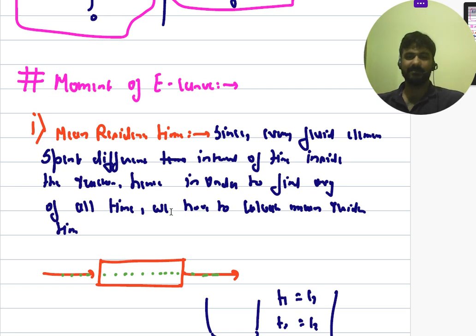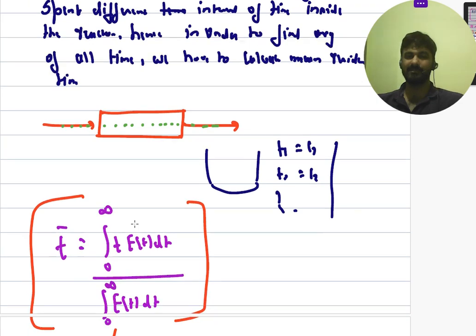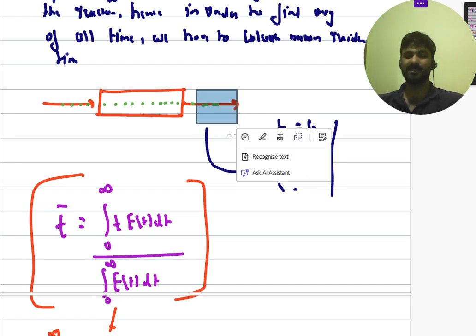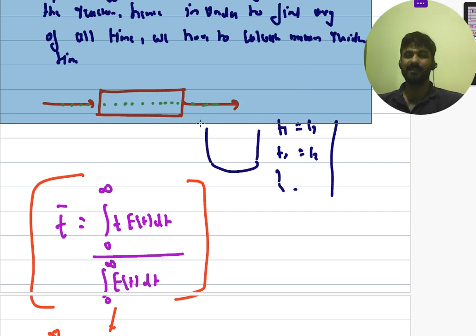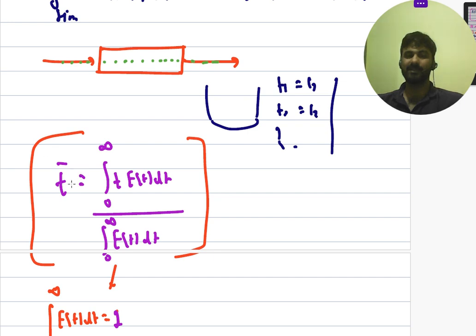Now moving towards the next part: since every fluid element spends a different interval of time inside the reactor, in order to find the average of all the times, we have to calculate the mean residence time, right? All of these molecules coming at the exit of the reactor will be spending different times, let's say t1, t2, t3. So to calculate the mean residence time, we take the integral from 0 to infinity of t E(t) dt divided by the integral from 0 to infinity of E(t) dt.